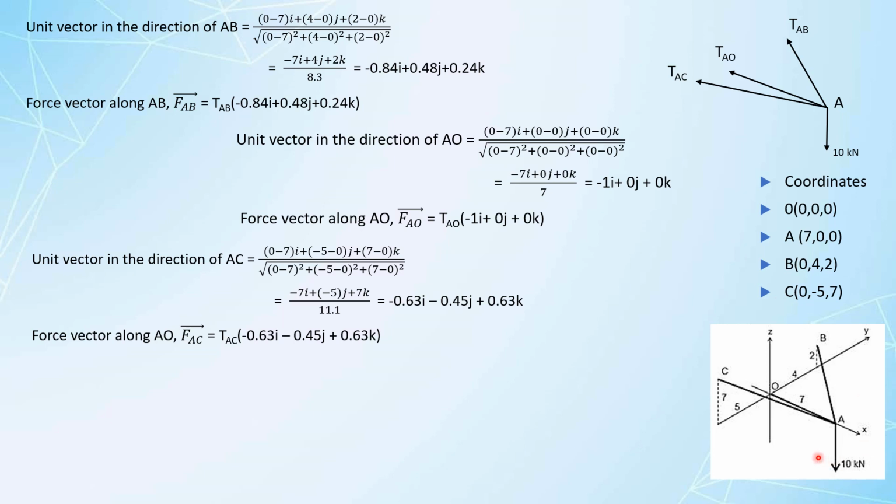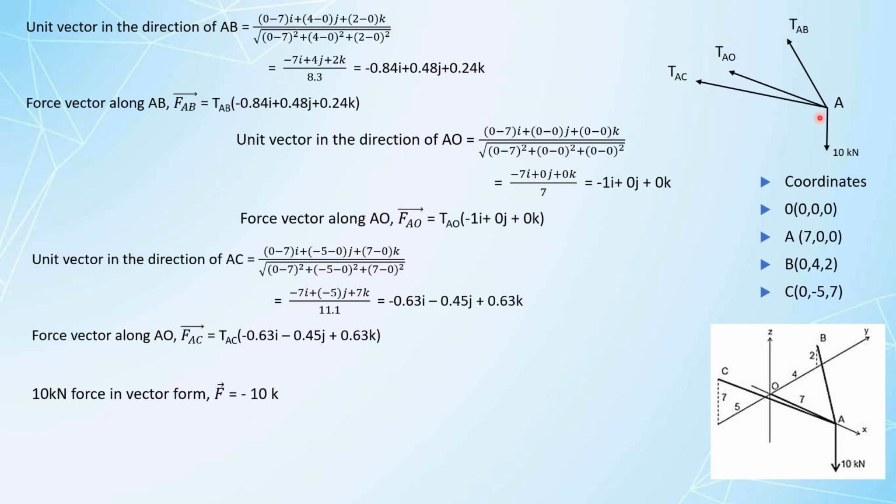So this 10 kilonewton can be written in vector form as minus 10k. 10 is the magnitude, and this minus sign is put because it is acting in the negative direction of the z axis. Upward is the positive direction according to this figure. So it is acting downward, so we have a minus sign.